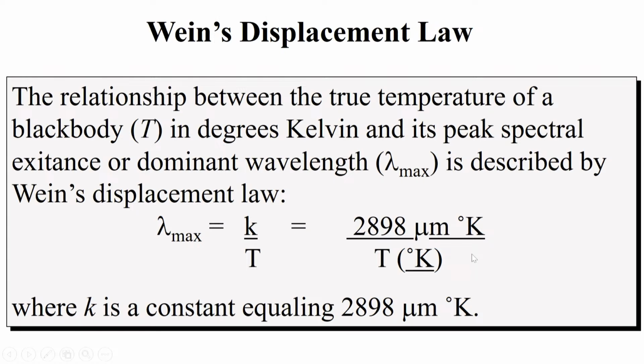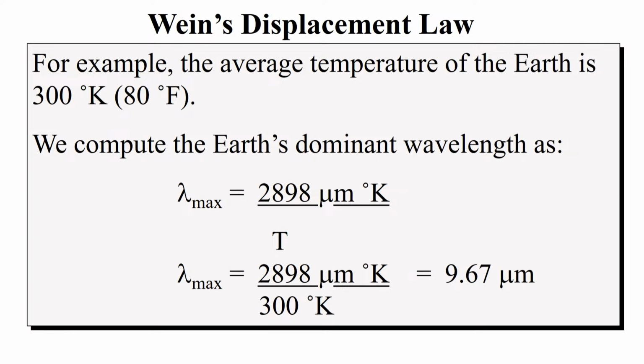if you see the dominant wavelength for Earth observation, from the relation it is 2898 divided by T for lambda max. The Earth's average temperature is 300 degrees Kelvin or 80 degrees Fahrenheit.